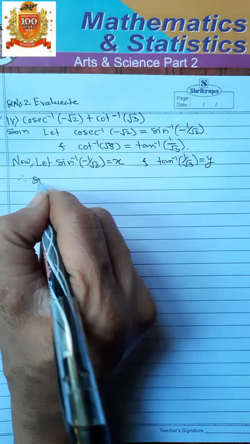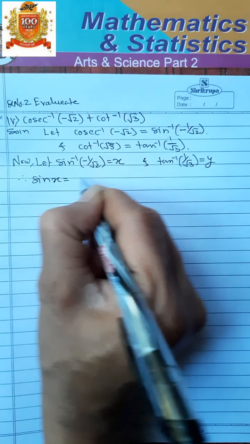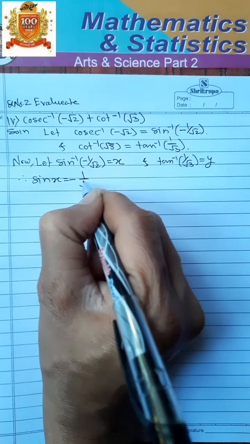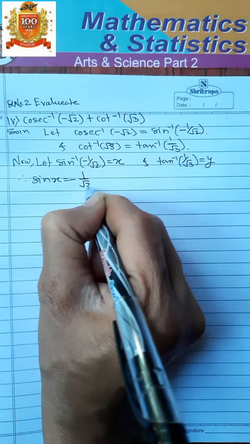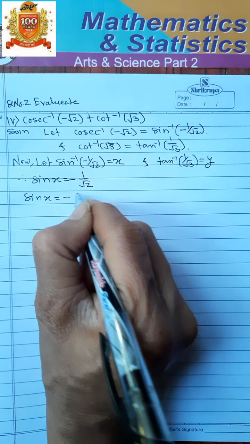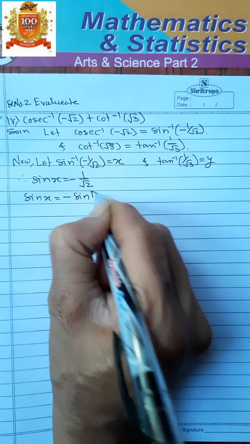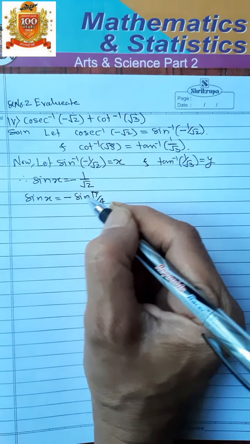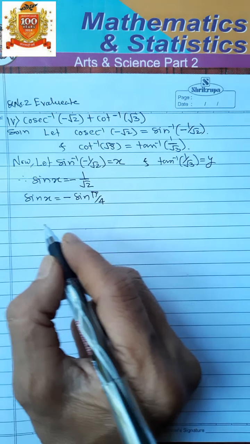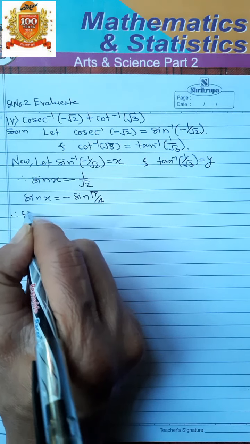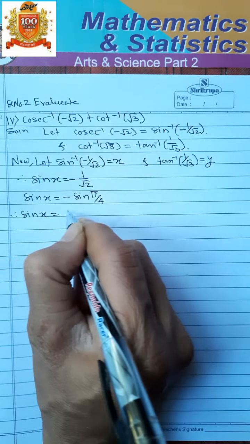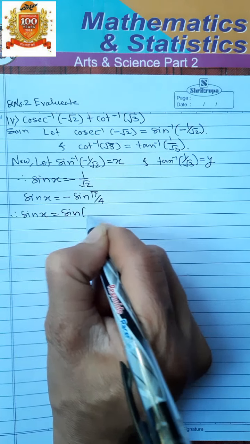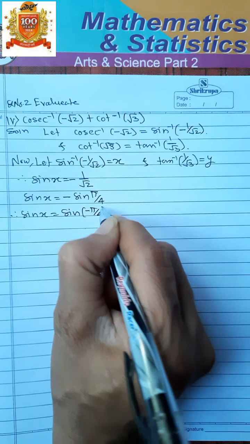Therefore, sin x is equal to minus 1 upon root 2. Sin x is equal to minus sin pi by 4. Therefore, sin x is equal to sin of minus pi by 4.